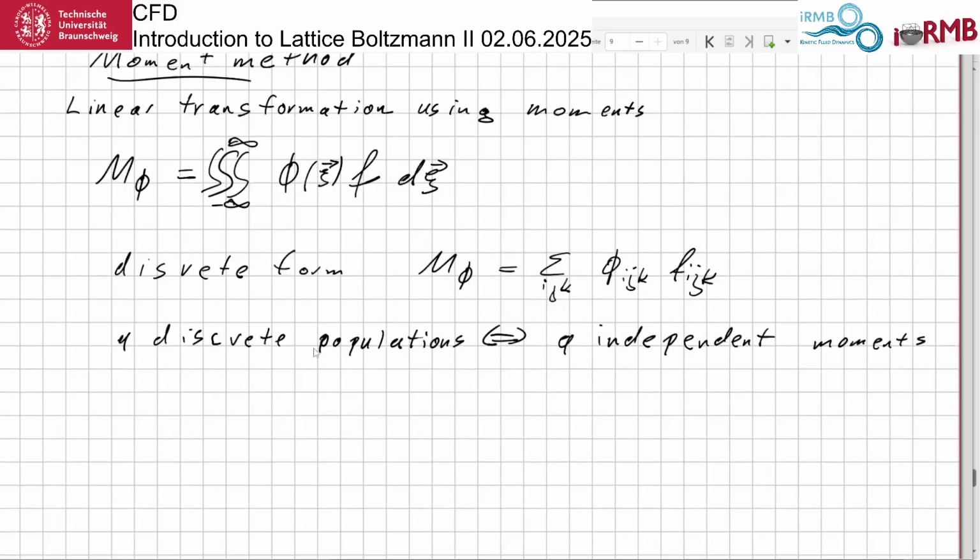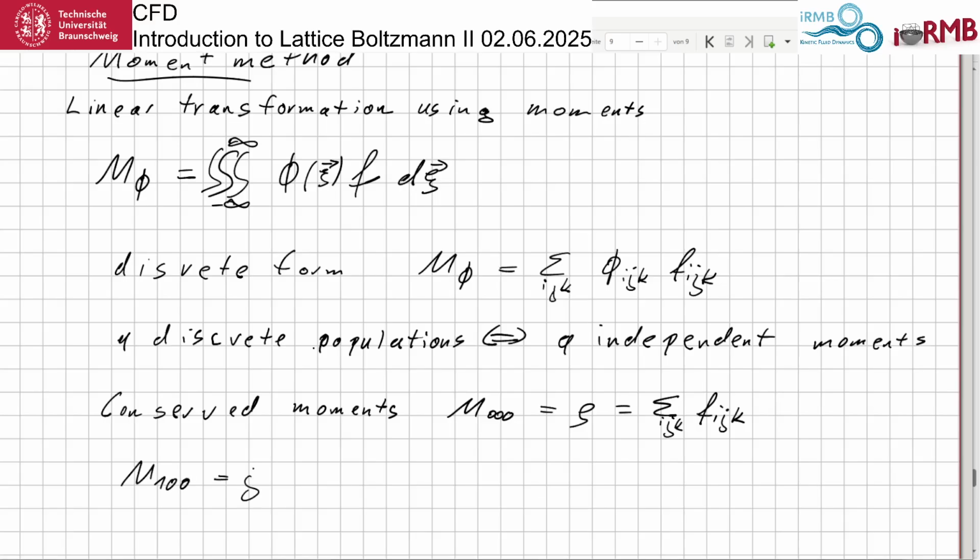Again, we have already said this, but back to the conserved moments. We call M000 rho, the sum over ijk of f_ijk. Then we have M100, sometimes written as jx, the triple sum over i, j, and k of c_x f_ijk.